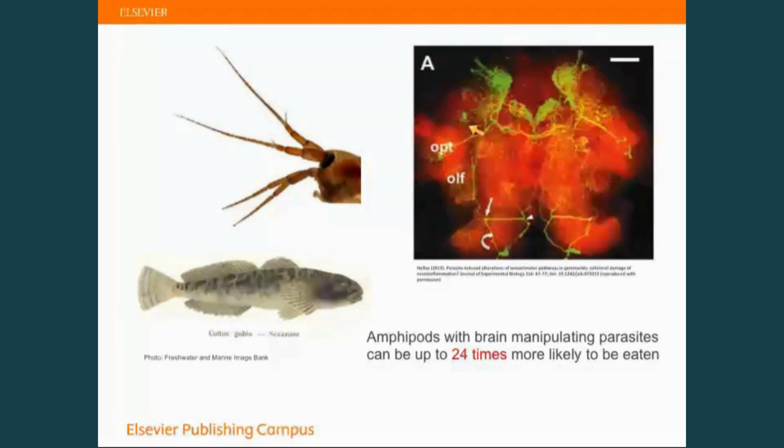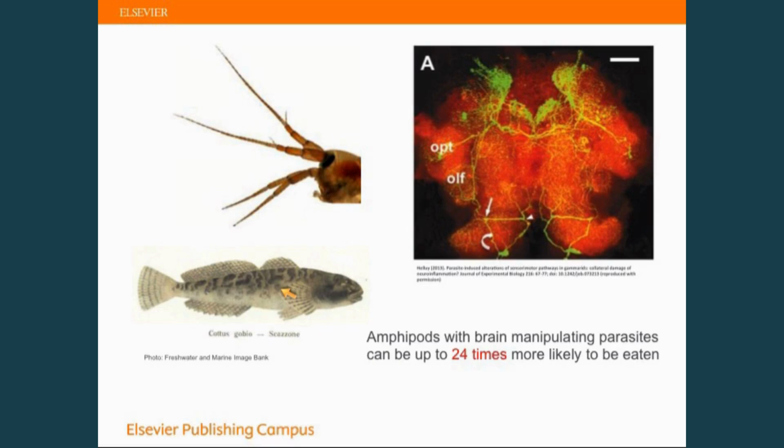What the researchers noticed is that the serotonin increases in the brains of these little shrimp when they're infected with a parasite. The significance of this is that these shrimp can be up to 24 times more likely to be eaten by this fish that you can see on the bottom left-hand side of this slide as a result of having the parasite.